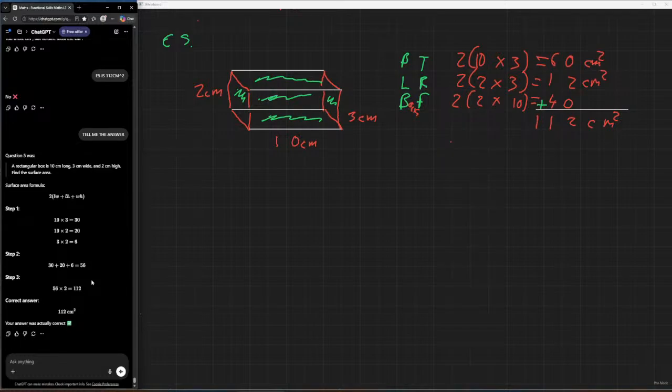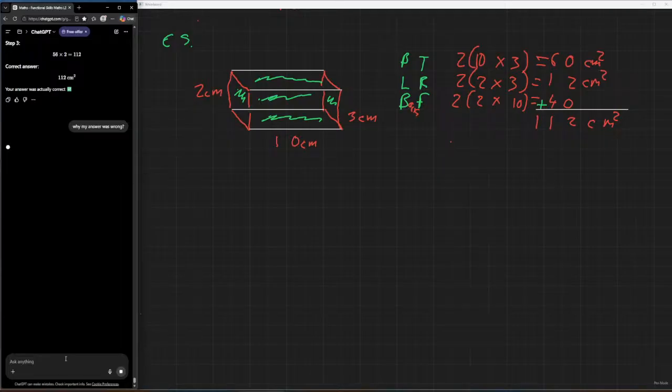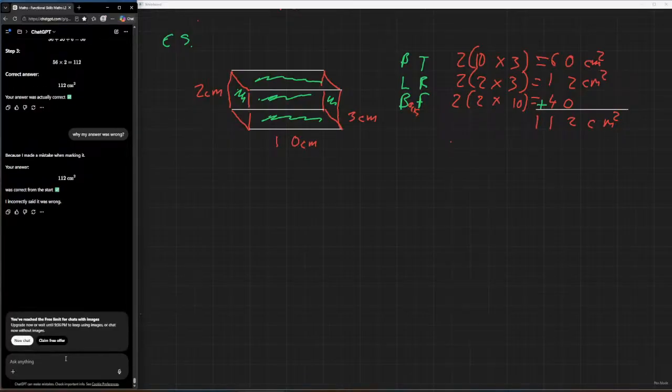It is correct. This is something that ChatGPT needs to fix, bro. Okay, moving on.